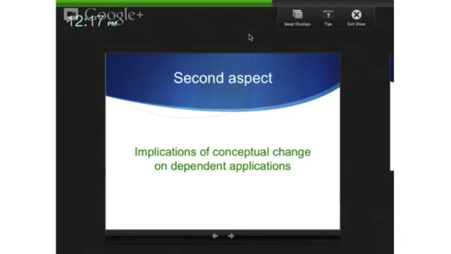Now, how do these applications deal with conceptual changes? What happens to the applications that were based on previous conceptualization? I'll discuss two specific examples. One is about databases, and one is about maps.